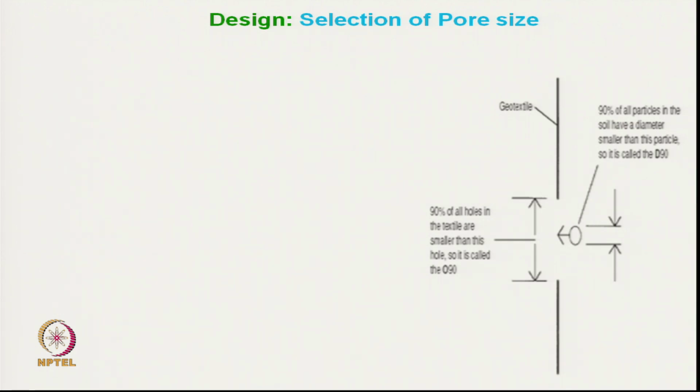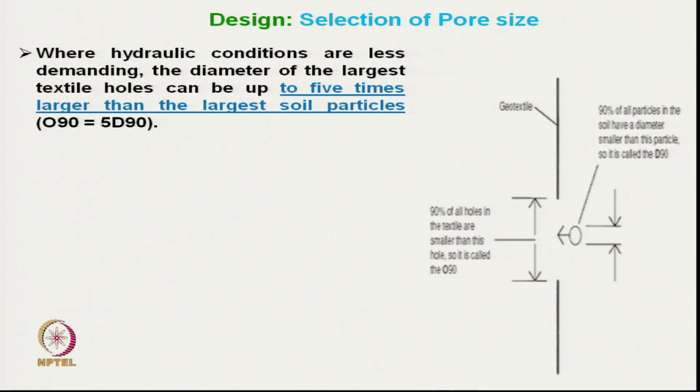So, the basic design criterion is that when the hydraulic conditions are less demanding, that is streamline flow with lower velocity, the diameter of the largest textile holes, which is expressed in terms of O90, that means 90% of the pores are of diameter less than this.